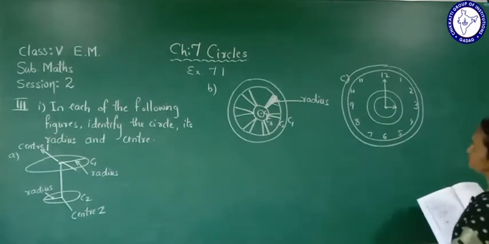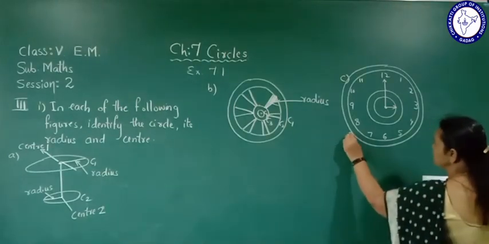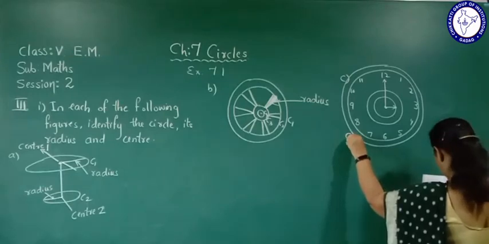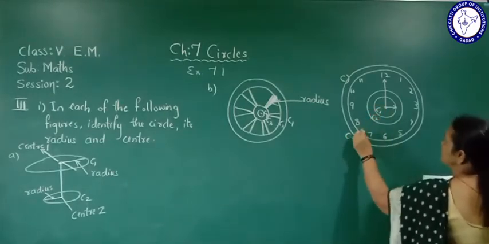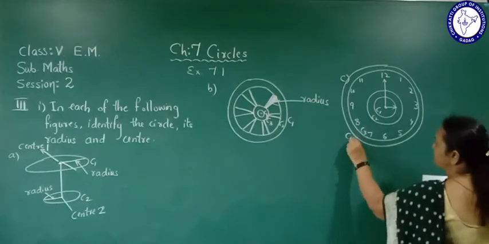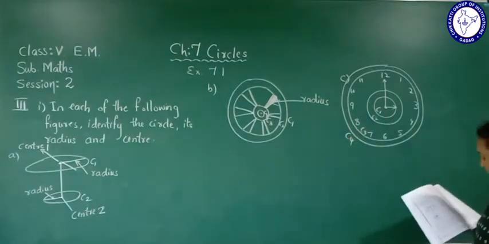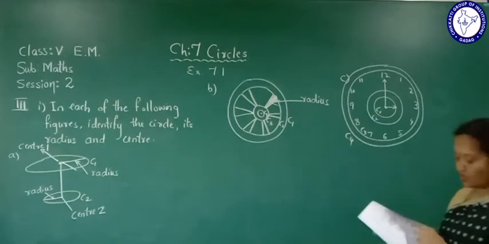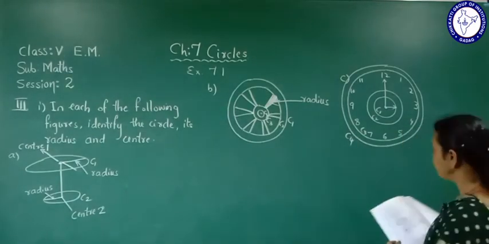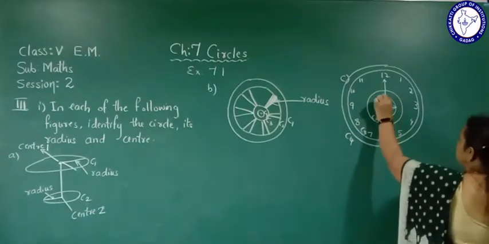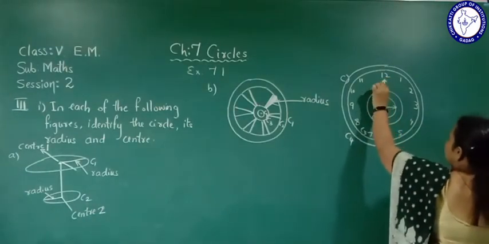Now here we have a circle C1, and inside it C2, this is C3 and this is C4. 4 circles are given. Then which is the radius? This hand is called radius.